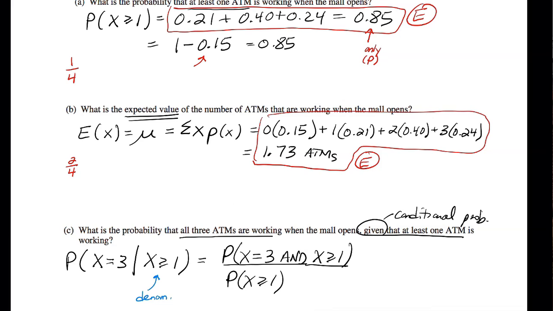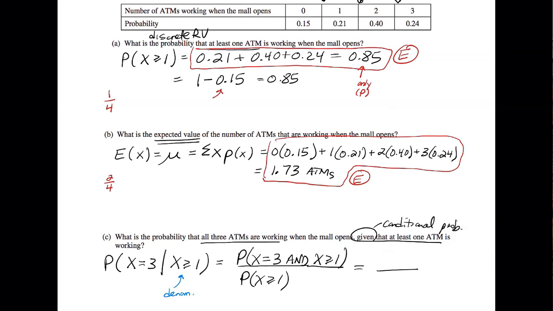Now, if it is 3, then automatically it's greater than or equal to 1. So really the numerator we just want is the probability that it is 3, which is 0.24, and the denominator is 0.85, what we calculated in part A actually. And then calculating this, we get approximately 0.28.